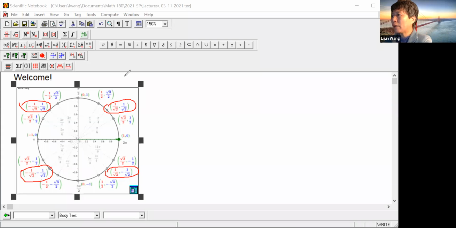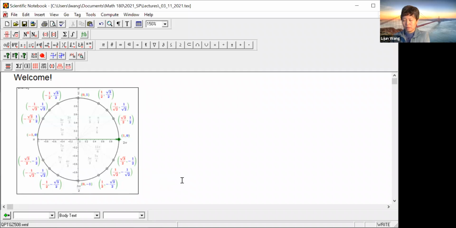Okay, so now I want to go back to talk about how we express this algebraically. Tangent is odd, right?